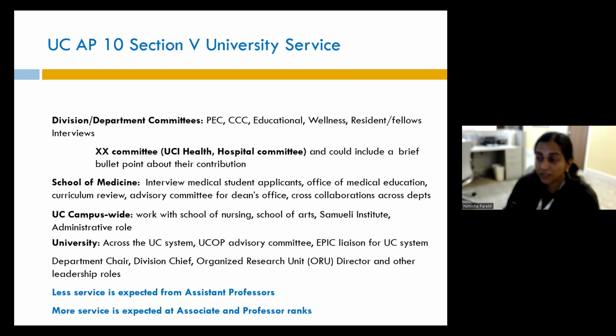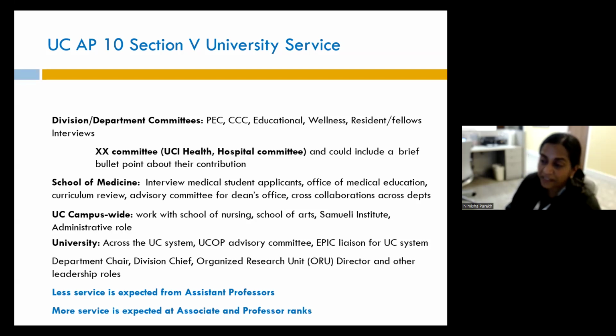If you are on a hospital committee, this is where you would include it. If you interview medical students, or you're contributing to that mission, you work on an advisory committee for the dean's office, or you have cross collaboration committees for improving care on patient matters, this is where you would include it.